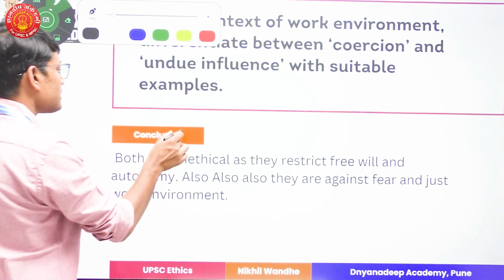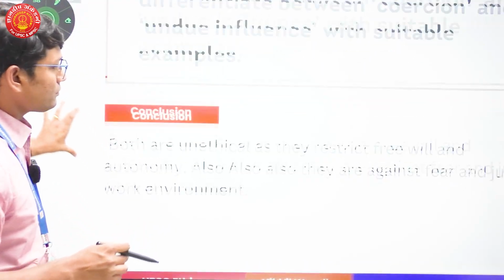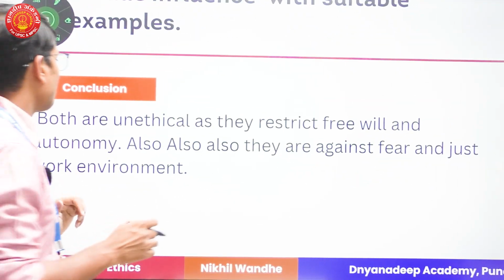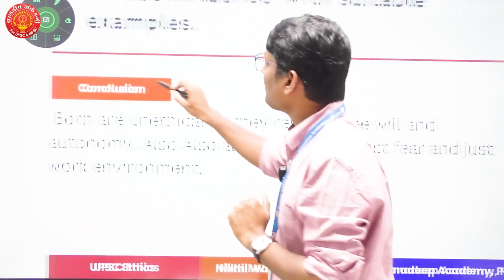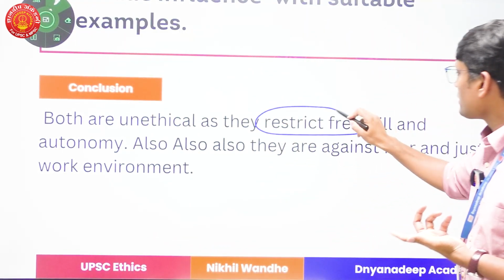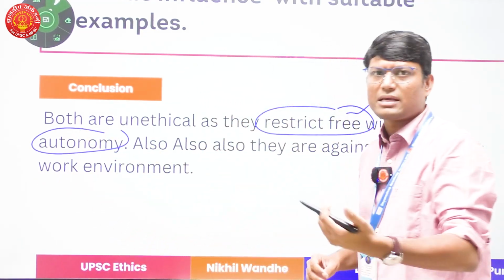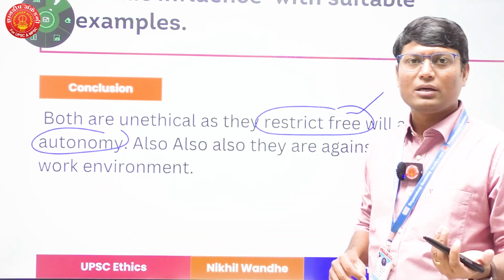Now moving towards the conclusion. Now in conclusion, again, I'm talking about some unethical practices which I have already mentioned. So I'm talking about restriction of free will, restriction of autonomy. In both of the cases, there is restriction of free will and autonomy, right?